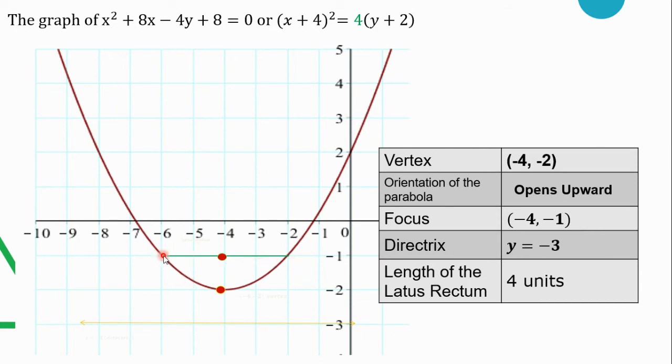Our latus rectum is 4 units, so 1, 2, 3, 4. So we can now draw our graph of the parabola. It's okay, right? And if we look at the axis of symmetry, it is the line x equals negative 4.